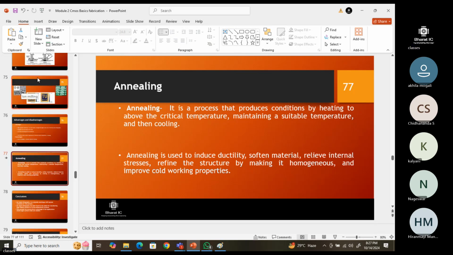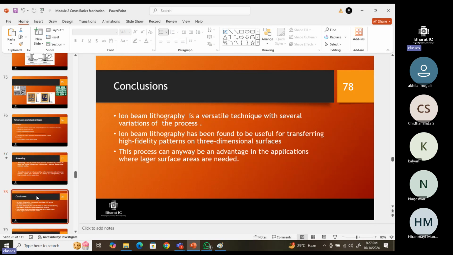Okay, the conclusion, last but not least: ion beam lithography is a versatile technique with several variations of the process. It is found to be useful for transferring high fidelity patterns on three-dimensional surfaces, because currently we are using 3D ICs, which are FinFETs or GAAFETs, in which ion beam lithography makes it much easier to transfer high fidelity patterns on 3D surfaces.